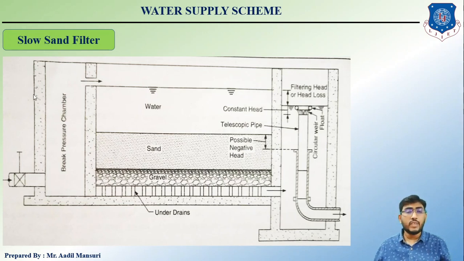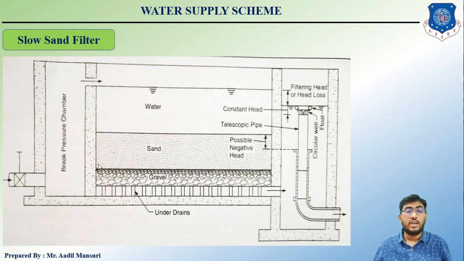As you can see in the picture, on the left hand side is the break pressure chamber. Water will enter this chamber and its pressure will be reduced to zero. Then it will cross the weir and enter the filter media.